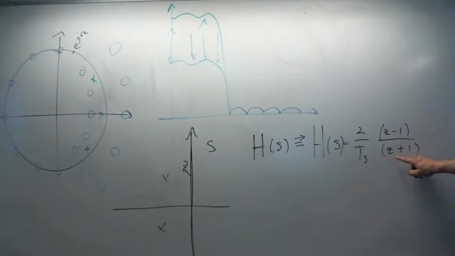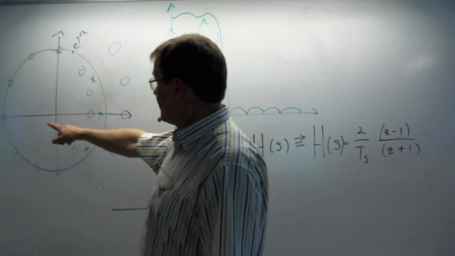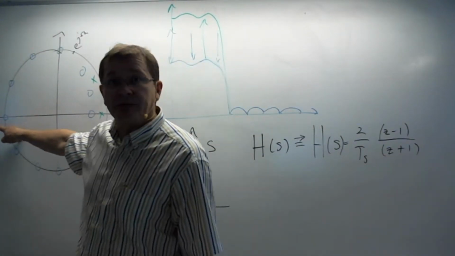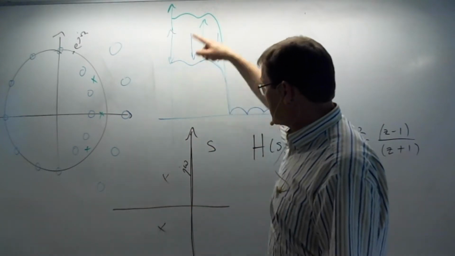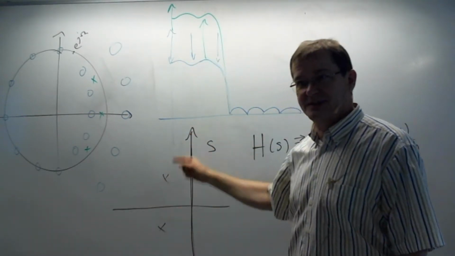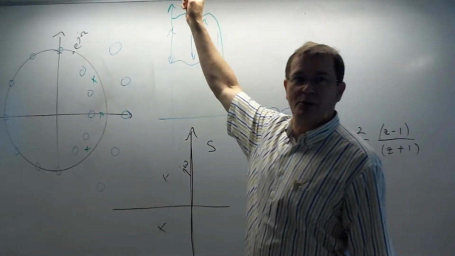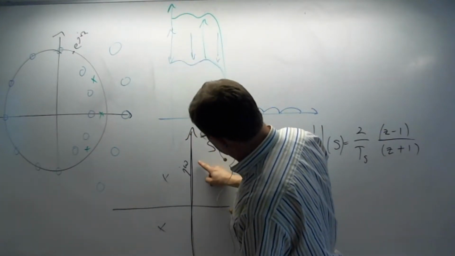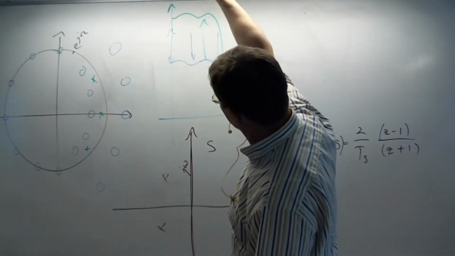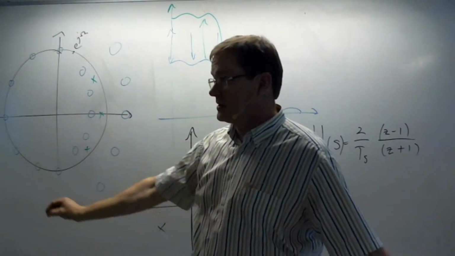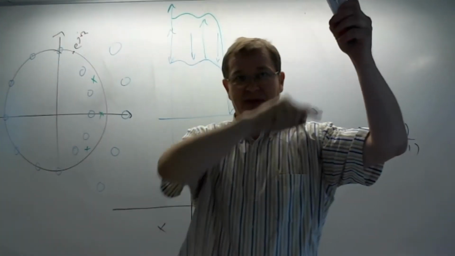When you look at this one, you can think of what the frequency is when Z is minus 1: the analog frequency would be either minus or plus infinity. So in one sense you take this j omega axis from minus infinity to infinity and turn it into the unit circle.